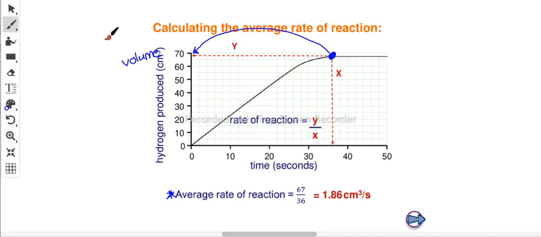So the maximum volume of hydrogen gas that has been collected is approximately 67, could be also 68. So it is according to the number that you have on the graph. I wrote it down as being 67.